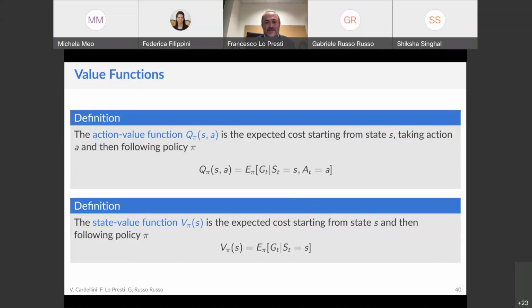So the difference is that in one case, I'm using action A and then following the policy, and instead when I look at the state value function, I follow the policy from S from now onward. The two functions are related, and in particular, in our case, we'll see how it boils down.